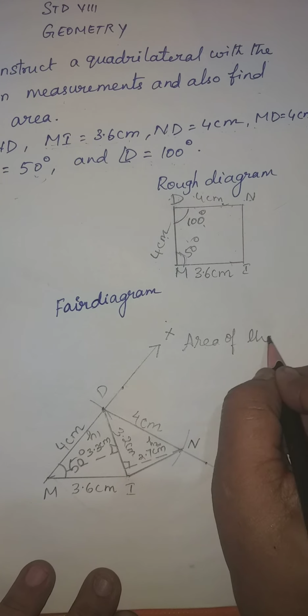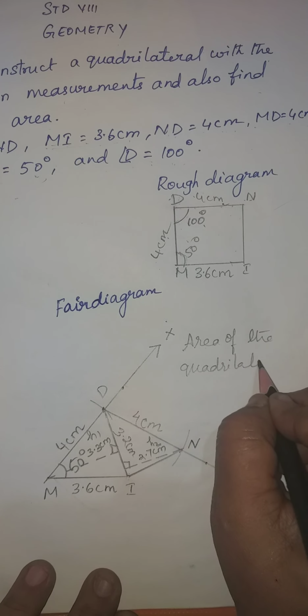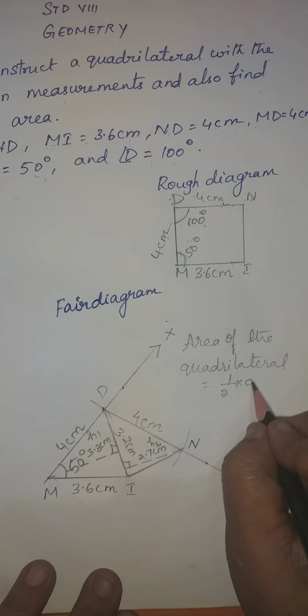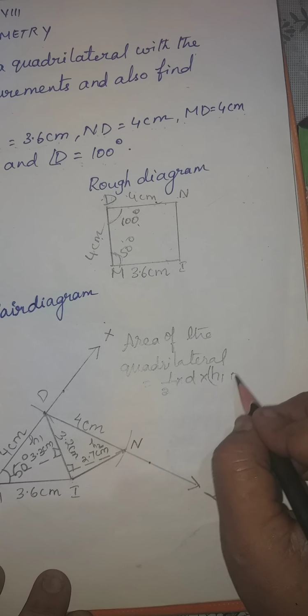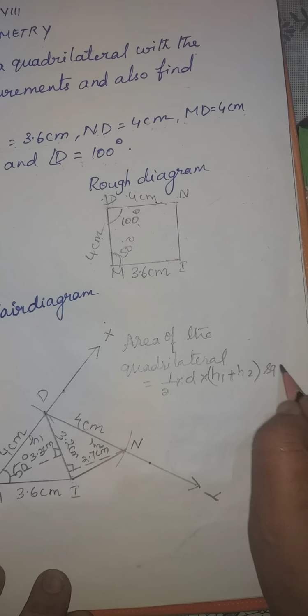Area of the quadrilateral is equal to, the formula is half into d into h1 plus h2 square units.